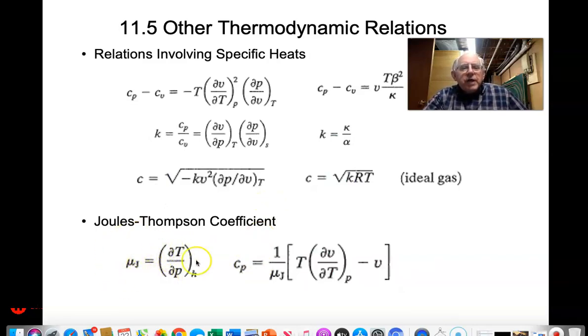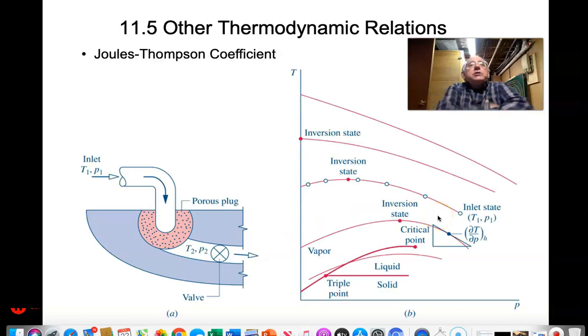And so the magnitude of the Joule-Thomson coefficient is how much the temperature changes with pressure, and whether it's positive or negative tells us what happens to the temperature as we lower the pressure. And so what we're looking for in a refrigerant would be a substance that has a positive Joule-Thomson coefficient such that the temperature drops as the pressure drops in the isenthalpic process.